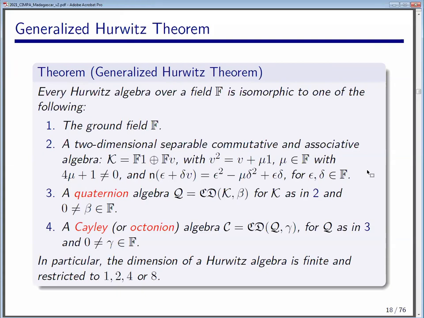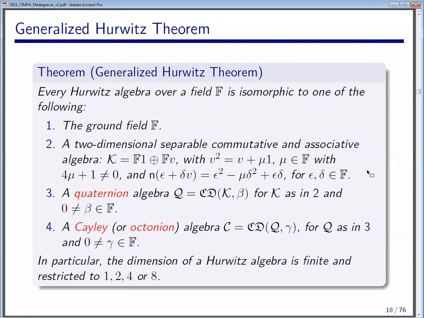First of all, if you consider the Cayley algebra over the complex numbers, this is an example of an isotropic Hurwitz algebra over the complex numbers. There is only one possibility that we will see tomorrow, exactly the multiplication table and everything.